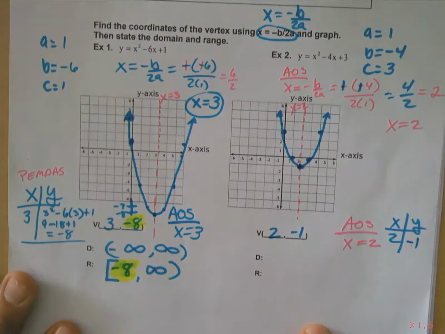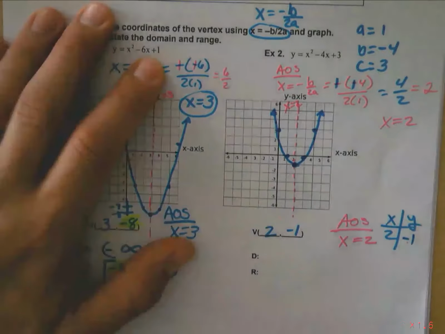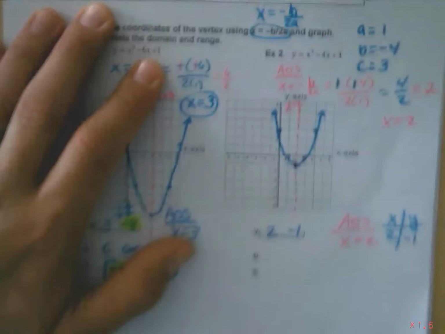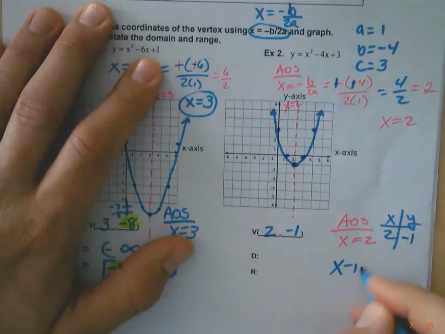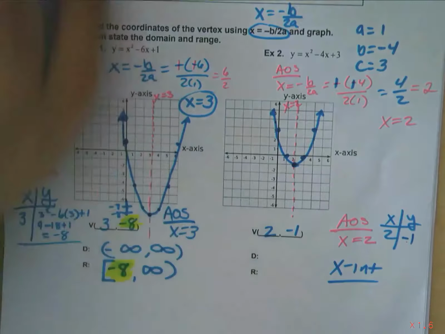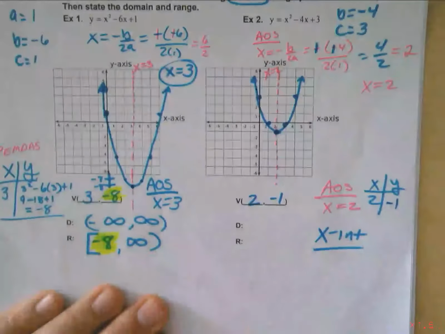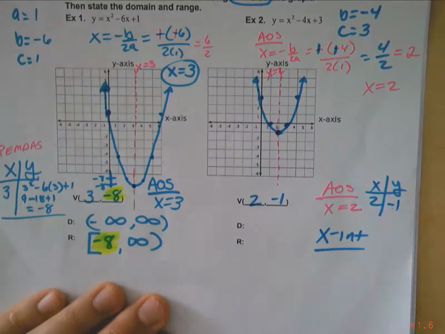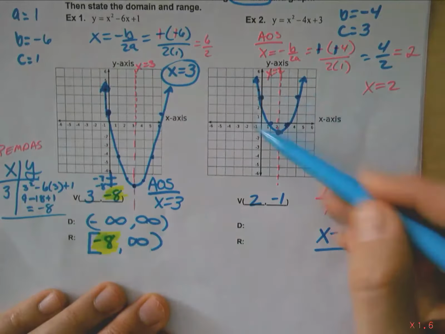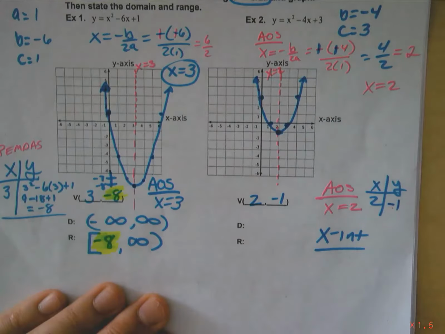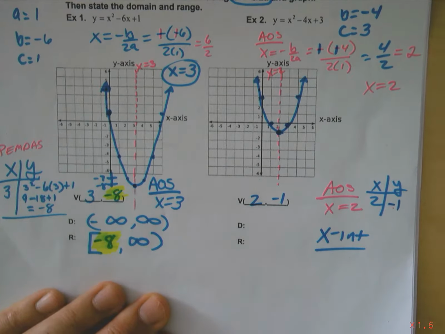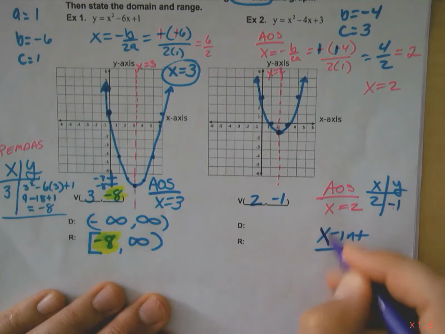Okay. Things that you should be able to answer. They might say, hey, Jimmy, Johnny, Cindy, Megan, what's the x-intercept? So you should be able to look at this graph now and identify where it crosses or touches the x-axis. You guys see where it touches or crosses the x-axis? What do you guys got for the x-intercept?